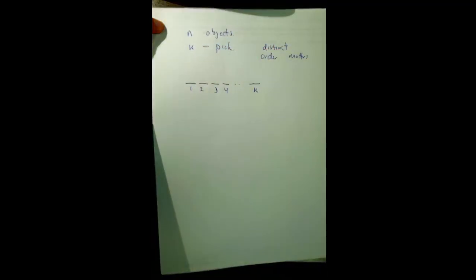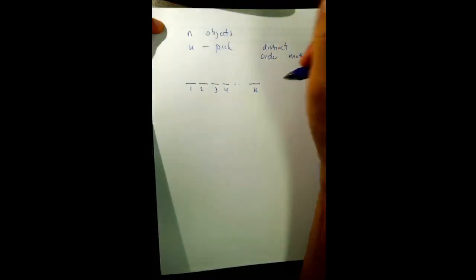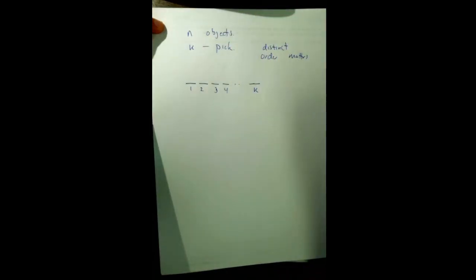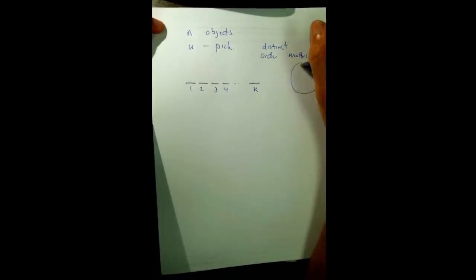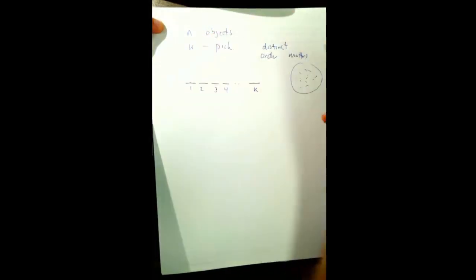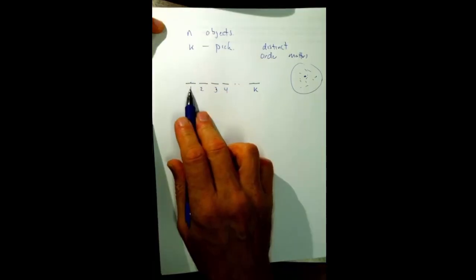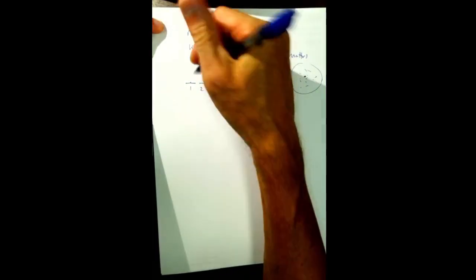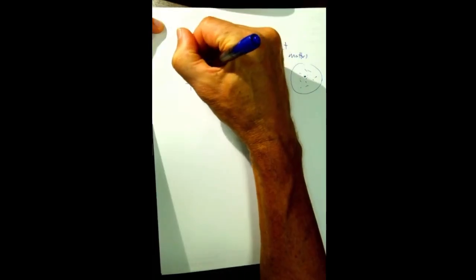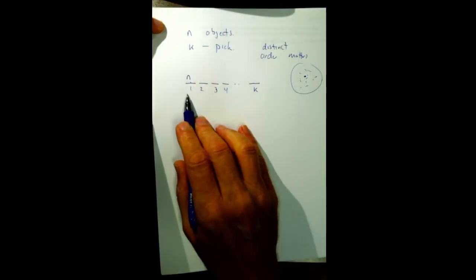Think of each of these k picks as being like a cup I'm going to put something in. I'm going to take these n things, and the first thing I'm going to do is take one from here and put it there. How many ways are there for me to do that? Well, since there's n objects, there's n ways I could put it in the first bin.